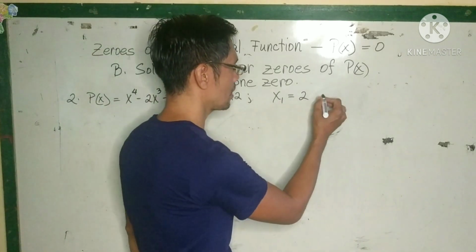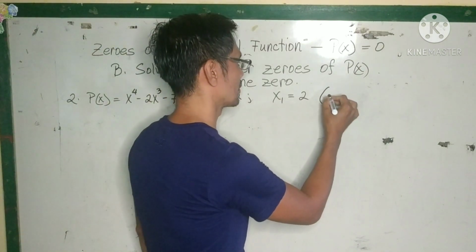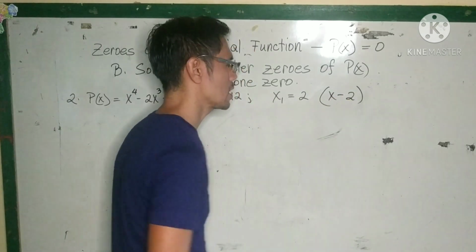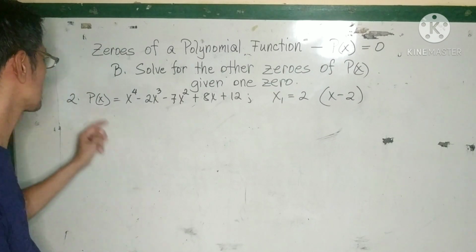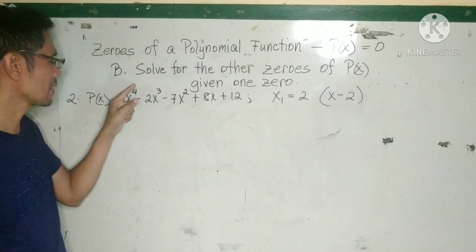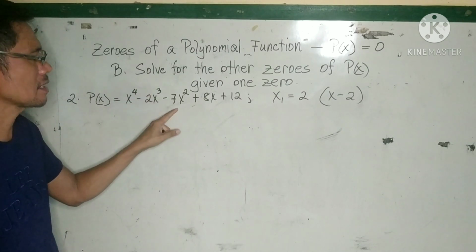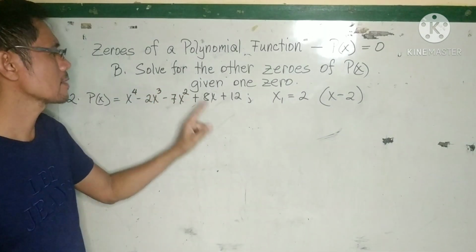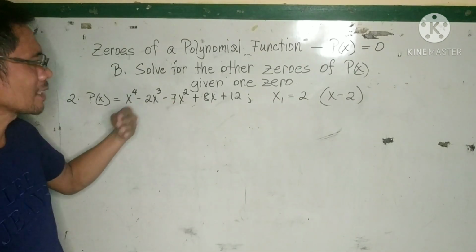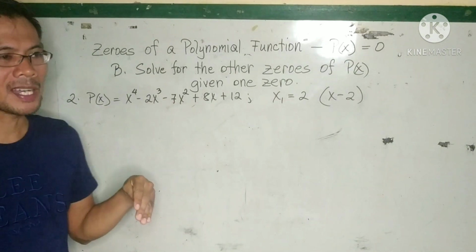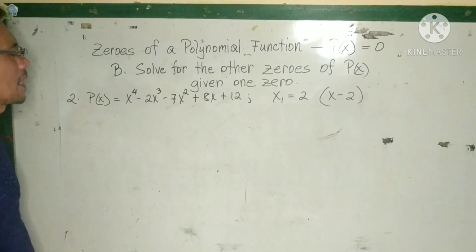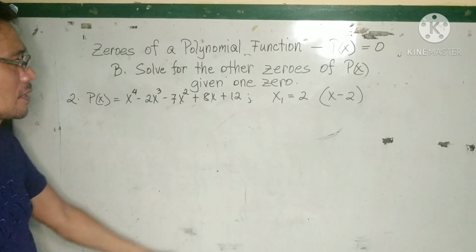So from this zero, that means to say x minus 2 is one of the linear factors of p of x, or x raised to 4 minus 2x cubed minus 7x squared plus 8x plus 12. So to get the quotient without applying the long method of division, we are going to apply the synthetic division.